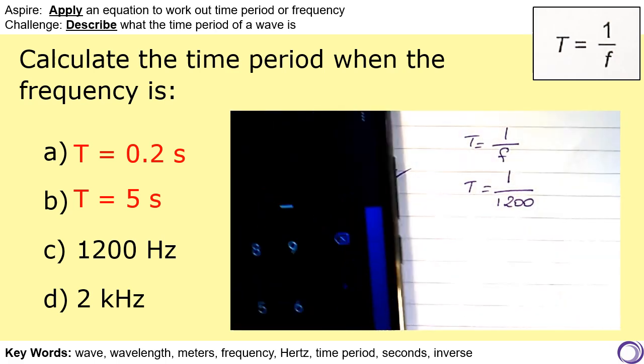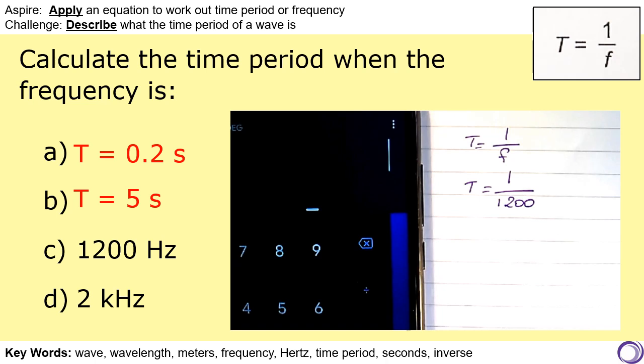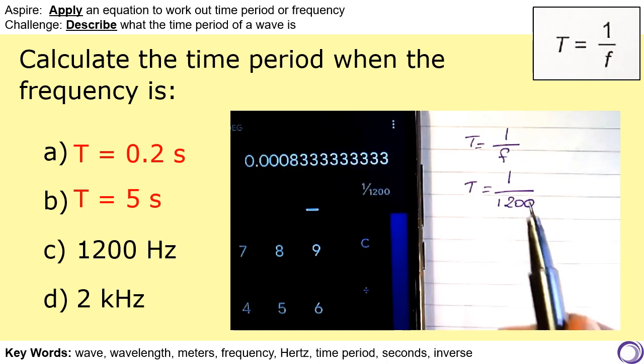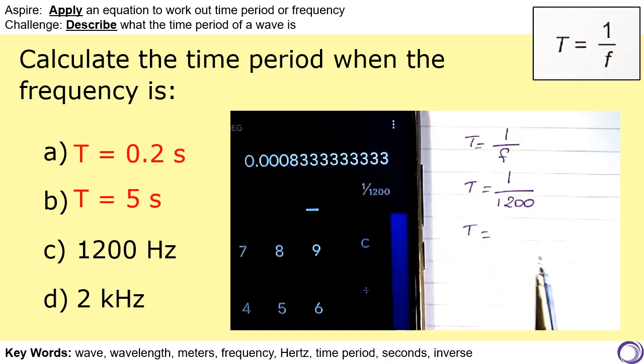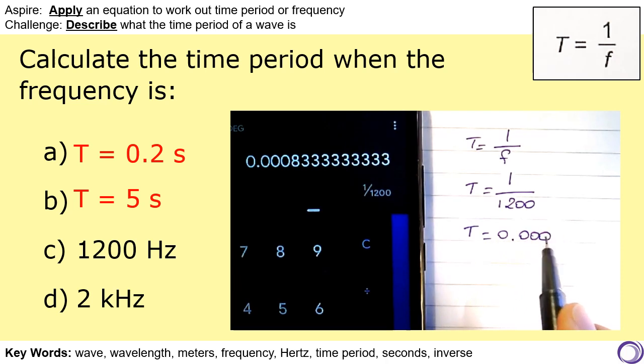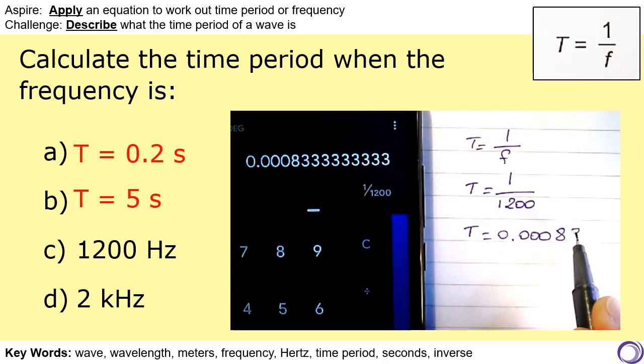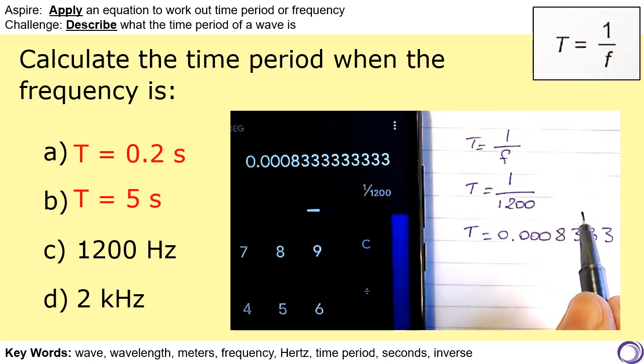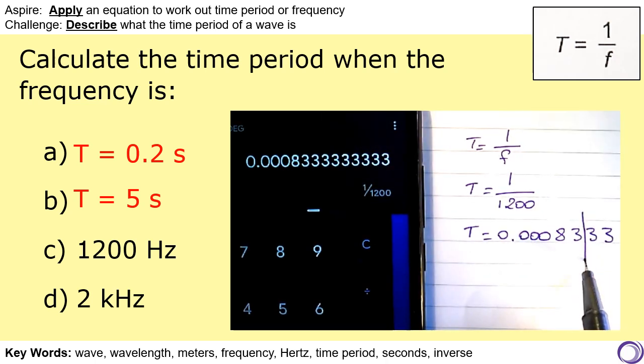So we get our calculator. 1 divided by 1,200 equals, now you need to be careful here to write the correct number of zeros. So it's 0.00083, and that 3 is recurring, but we wouldn't write that many numbers after the decimal point. Let's stick to 2 significant numbers, so we're going to stop our answer there.